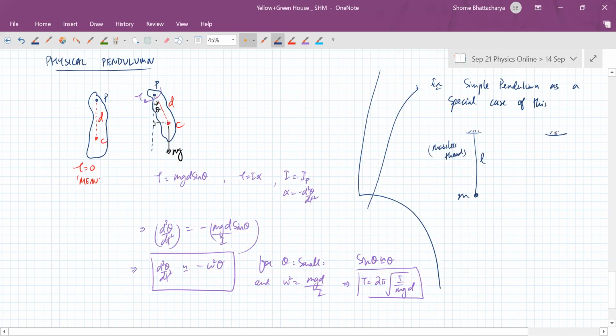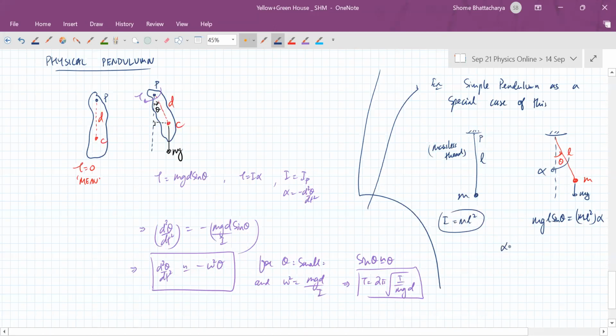So if we take this massless thread through an angular displacement theta, then we can see that the weight will give an angular acceleration alpha. So mgL sine theta will become mL square into alpha, because the moment of inertia about this point P would be mL square.